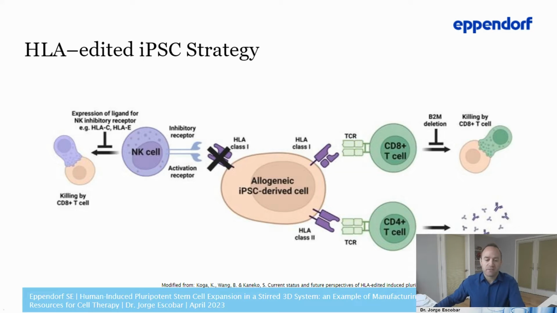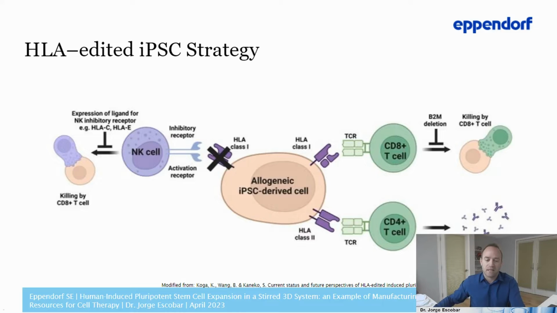Most HLA editing strategies consist of two different steps. First, the complete suppression of HLA to avoid immune rejection, and then expressing certain molecules in the implanted cells in order to avoid natural killer cell attack. Let me explain in more detail what is going on.